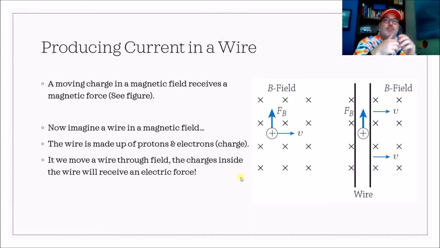So protons will be pushed, in our picture here, to the top, and electrons will be pushed to the bottom. Now this produces a charge separation, an EMF, or a voltage, just like a battery. Okay, so if we hook this thing up to a light bulb, the light bulb will light up.